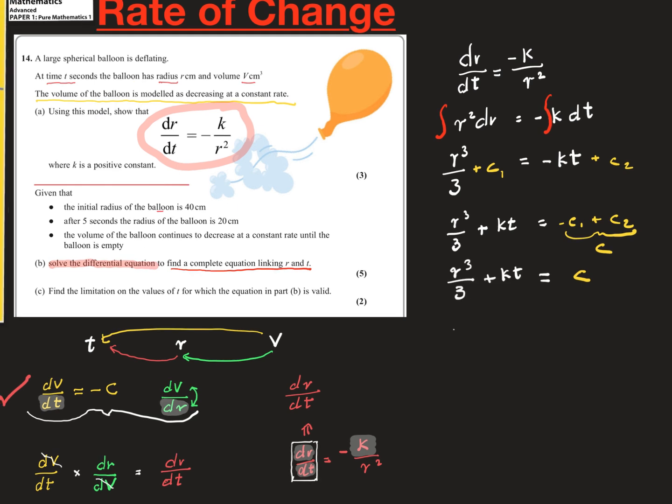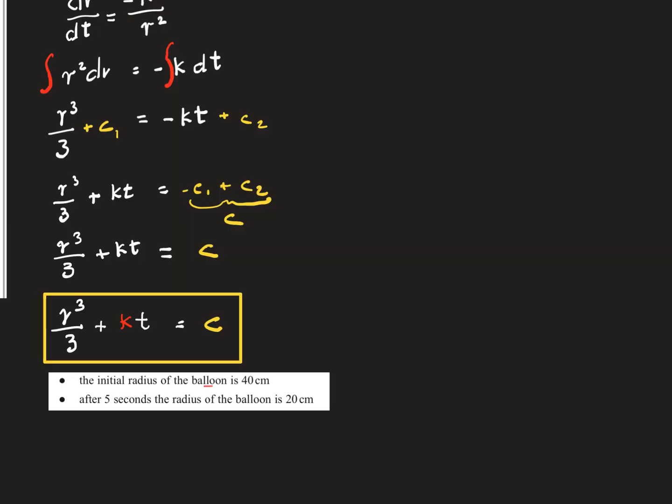Well, now we do have a complete equation which links the radius with time, with two constants in here, and one of them is the k and one of them is the c. Given that we are told that the initial radius of the balloon is 40 and after 5 seconds the radius of the balloon is 20, we can work out the k and the c. So at t equal to 0, our radius of the balloon is equal to 40 centimeters.